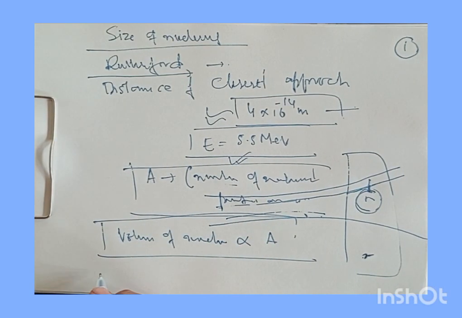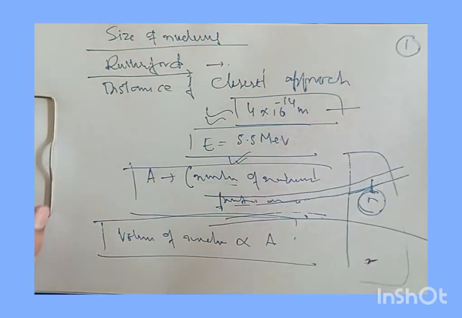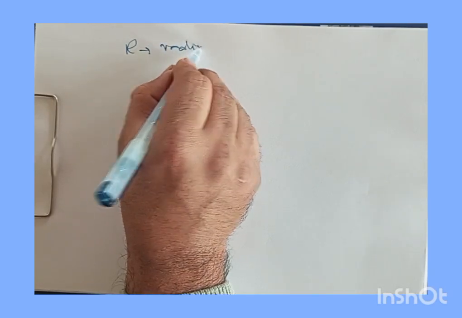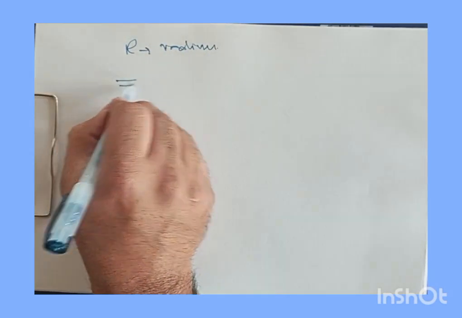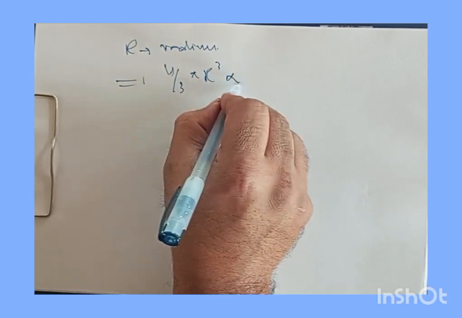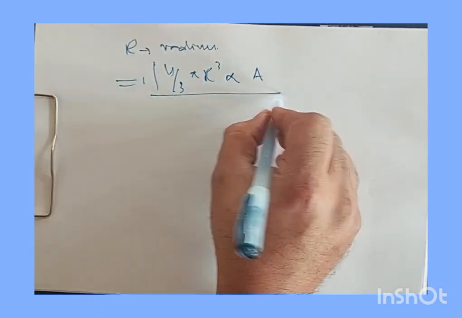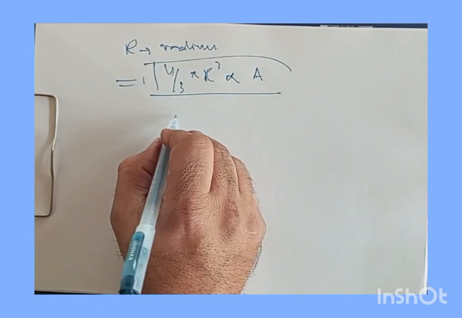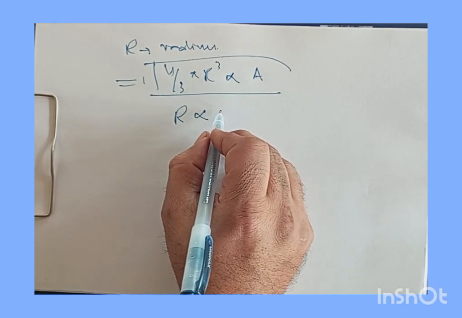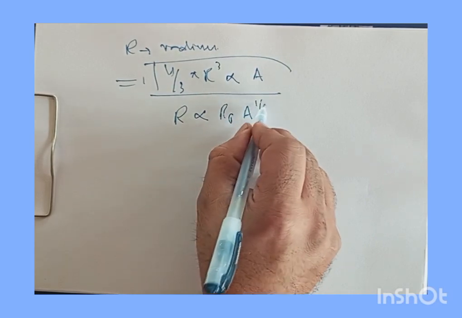If we assume the shape of the nucleus to be spherical, and take the radius of that assumed nucleus as r, then 4 by 3 pi r cubed is proportional to the mass number. From here we get r proportional to some constant r naught times A to the power of 1 by 3.